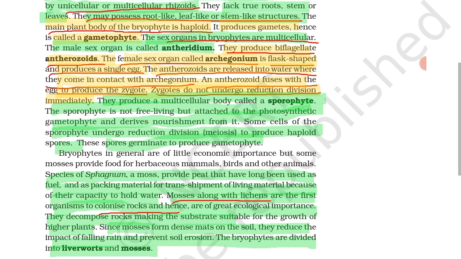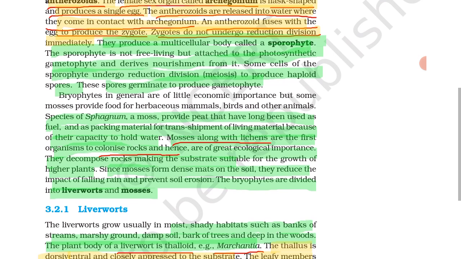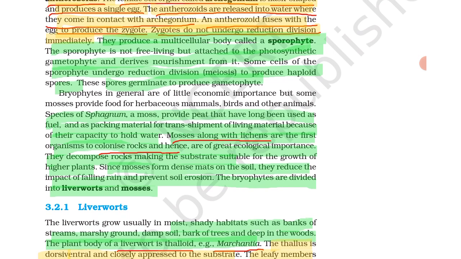Bryophytes in general are of little economic importance. The next is the species of sphagnum moss provides peat that has been used as fuel, as a packing material for the transshipment of living material because of their capacity to hold water.